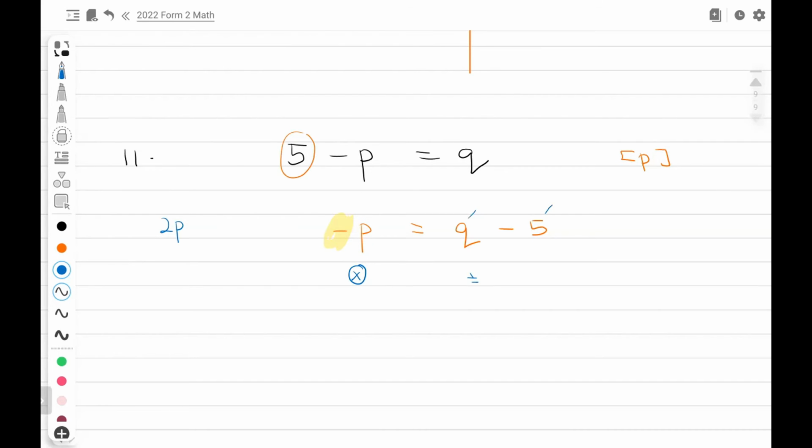If it's positive Q, you make it negative Q. If it's negative 5, you make it positive 5. Because we are playing the switching game, right? Switch, opposite, everything opposite. So negative goes to the back, and it becomes P equal to negative Q plus 5.